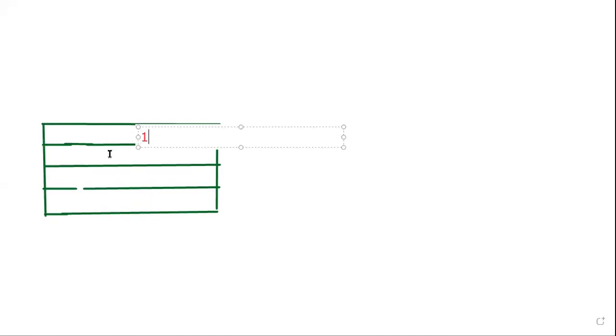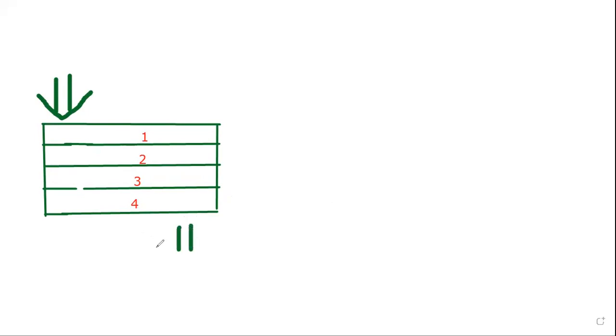So this is the first layer, this is the second layer, this is the third layer, and this one is the fourth layer. Now here the forces are acting, suppose the forces are now acting at this place and at this place in this horizontal rock.